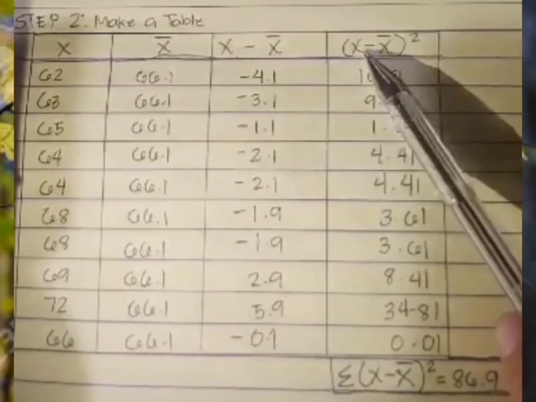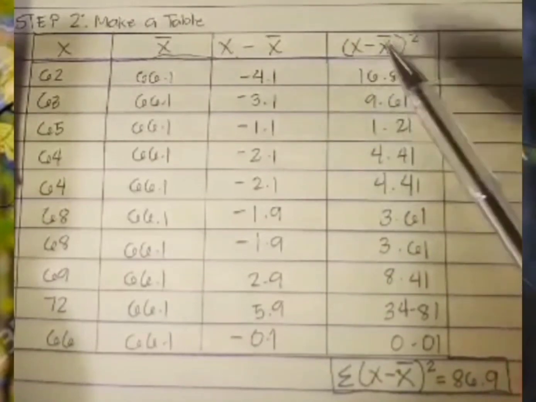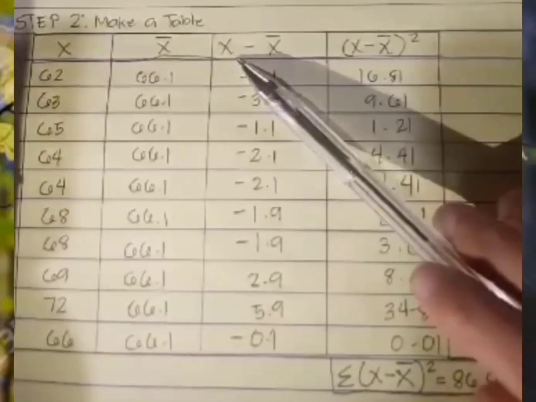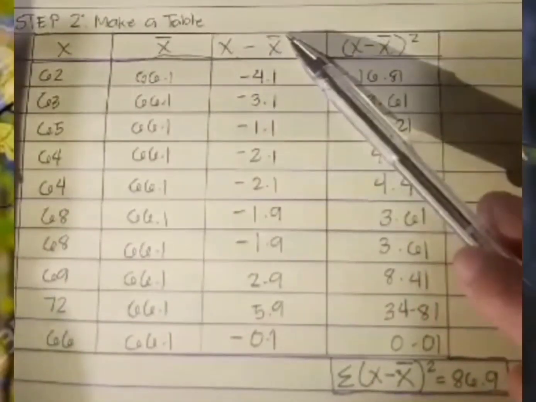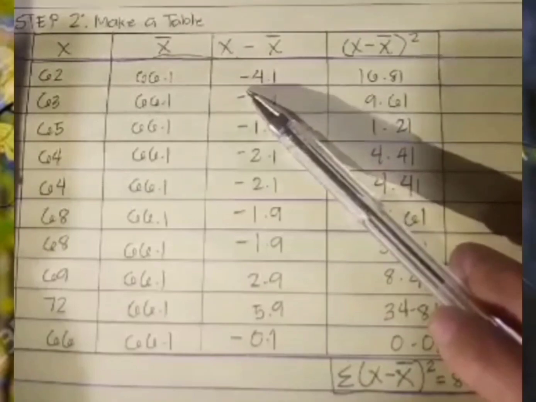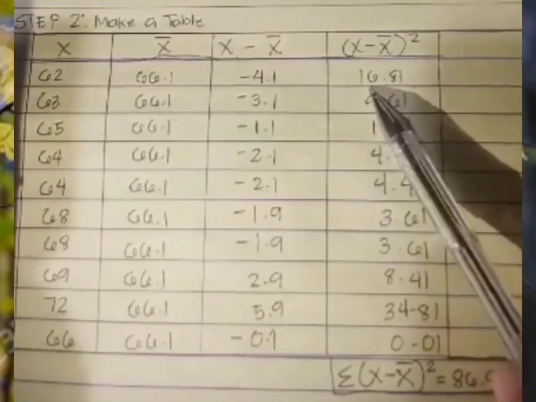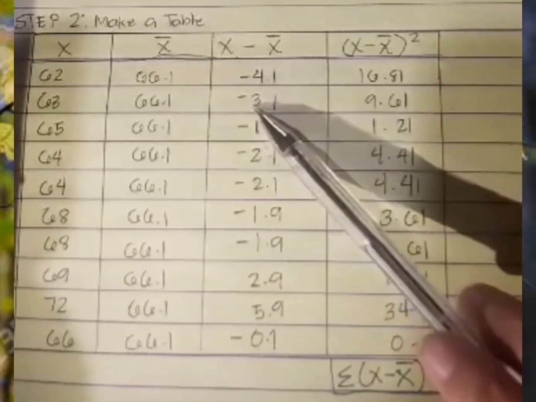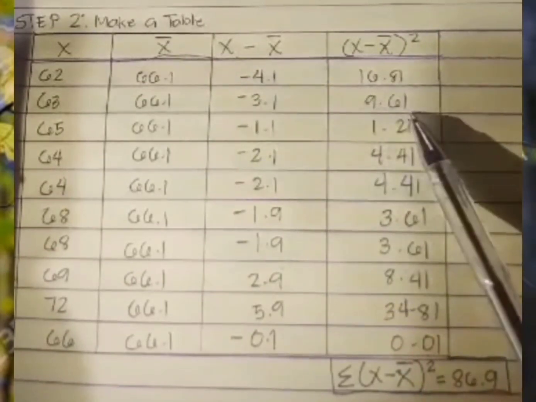To find x minus x bar squared, we need to square each x minus x bar. So, negative 4.1 squared is 16.81. Negative 3.1 squared is 9.61.